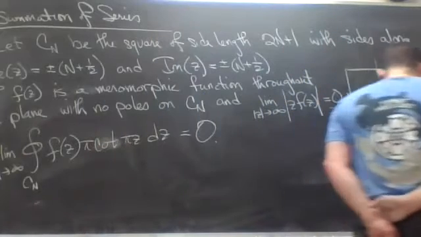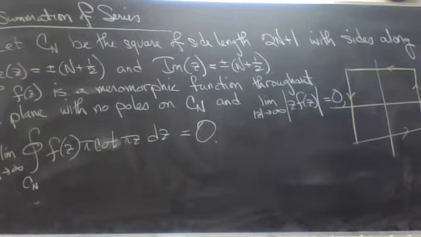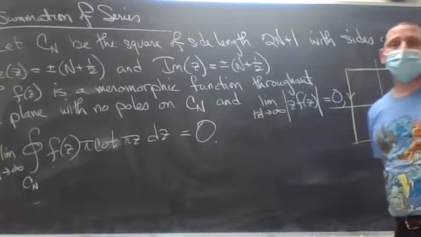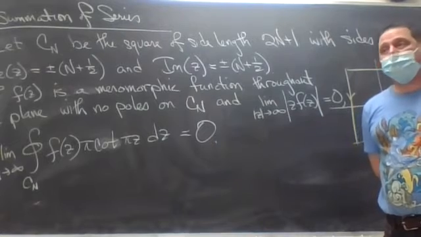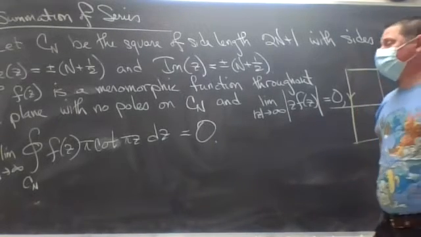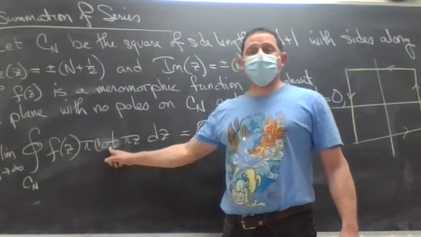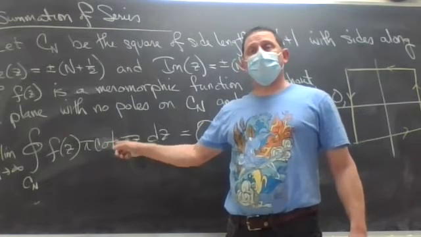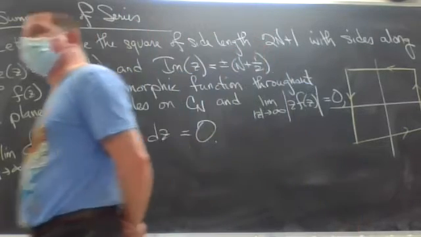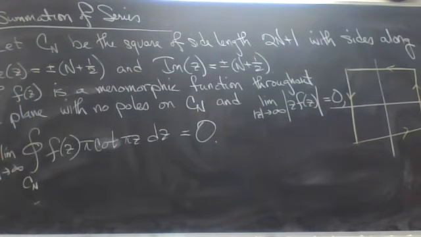Okay? Now, why is that relevant? Well, what's interesting here is that the cotangent function comes with its own poles. The cotangent function is cosine divided by sine.